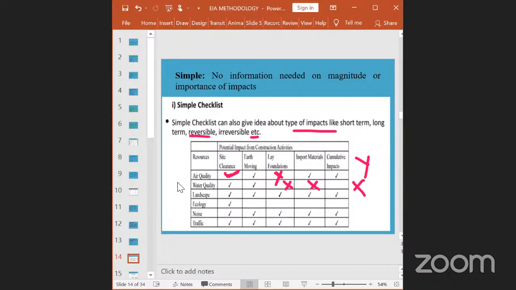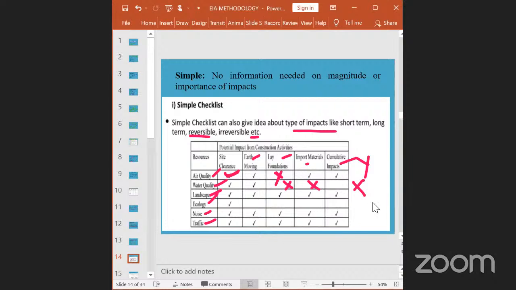We have shown various resources like air quality, water quality, landscape, ecology, noise, and traffic, and potential impacts from construction activities written in terms of site clearance and earth moving, laying foundations, importing materials, and cumulative impacts.